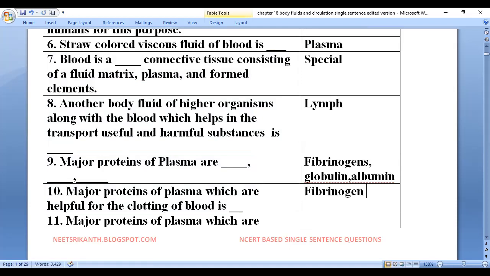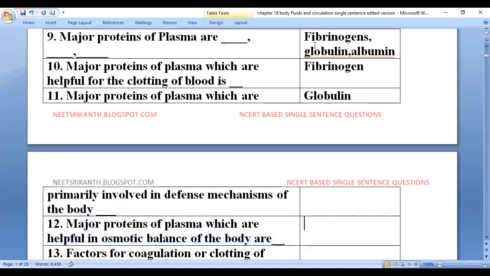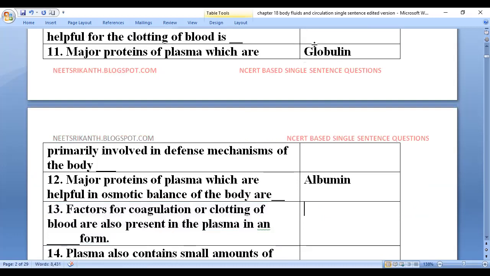Globulins are primarily involved in the defense mechanism, the immunoglobulins. Albumins are helpful in the osmotic balance of the body. Factors for coagulation or clotting of blood are also present in the plasma in inactive form.